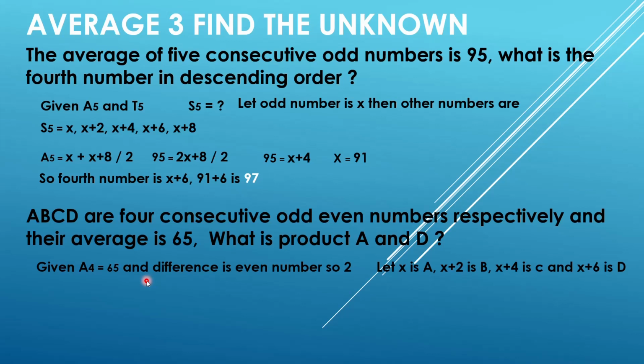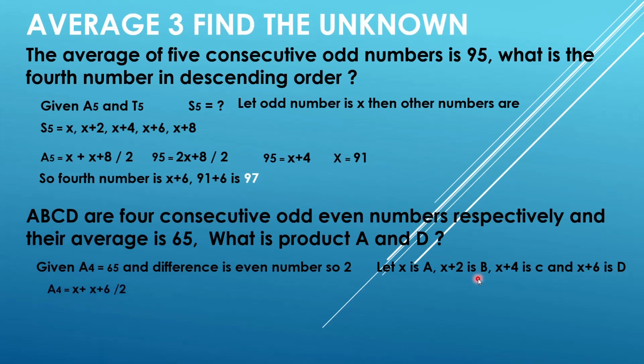You can make it odd or even numbers respectively. So let a be x, b be x plus 2, c be x plus 4, and d be x plus 6.